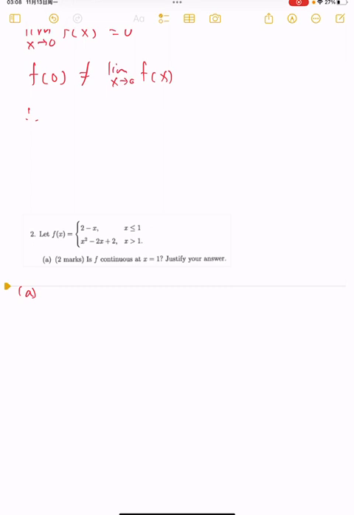Is the function continuous at x equals 1?